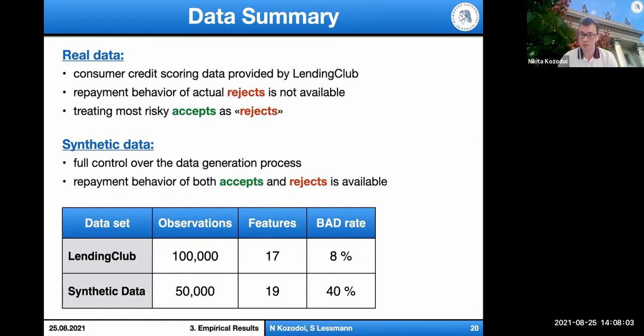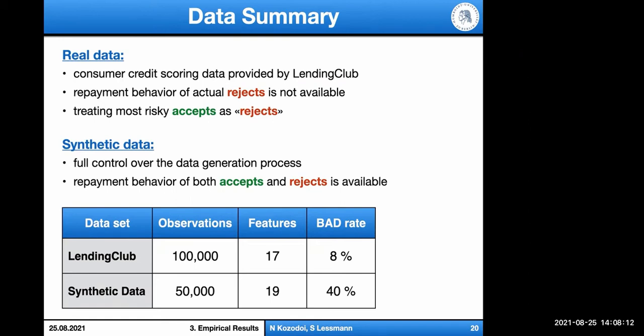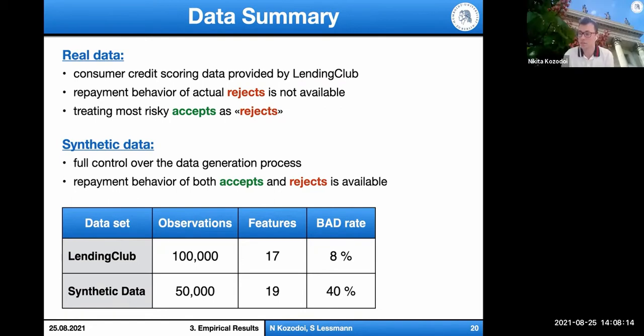The one thing to note about this data set is that the actual repayment behavior of rejects is not available, right? The data is only limited to the loan applications that were accepted, and then we knew whether the loan was repaid. For rejects, we don't know the actual labels.